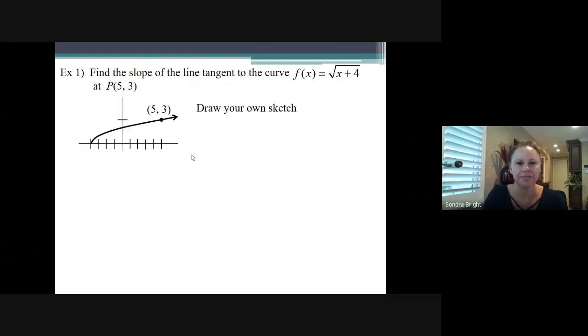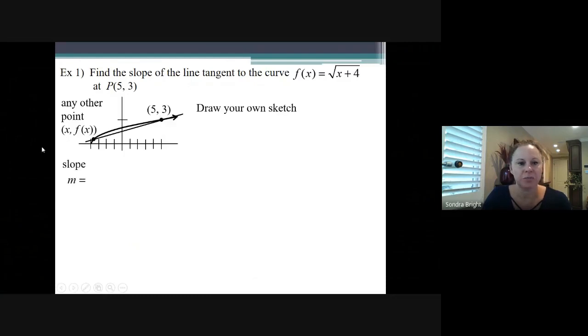All right, so what you want to do is label any other point on this curve. I went over here. You didn't have to. You could have extended this out and done it more, but I'm labeling this point (x, f of x). And I want to find the slope of this line, and then I'm going to take the limit as x gets closer to 5.